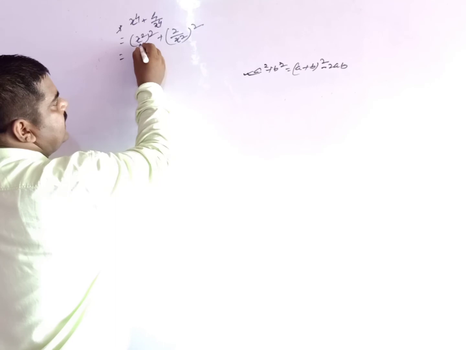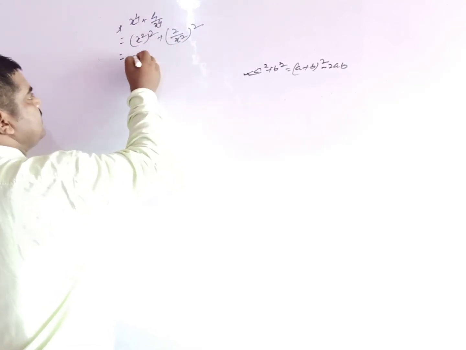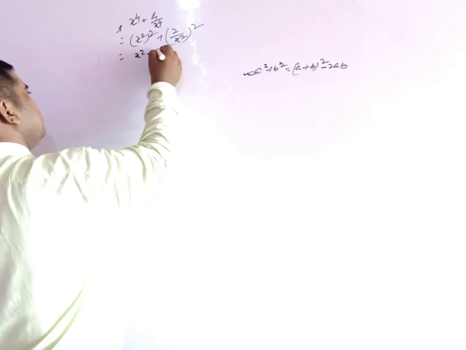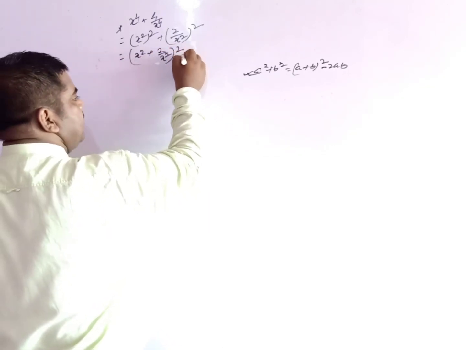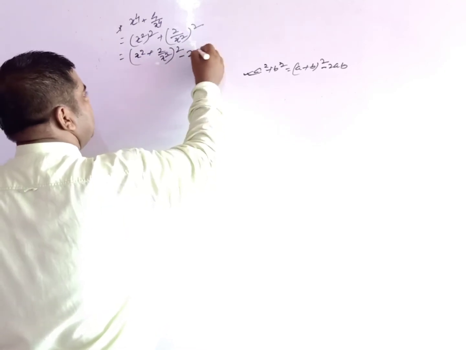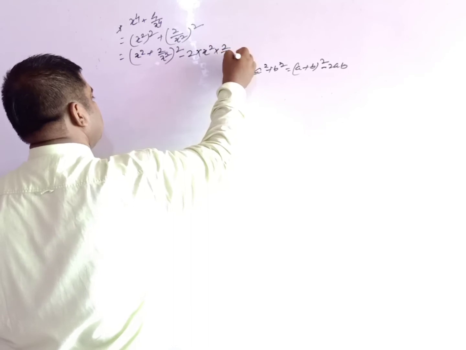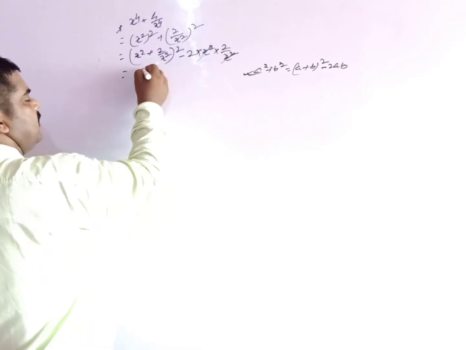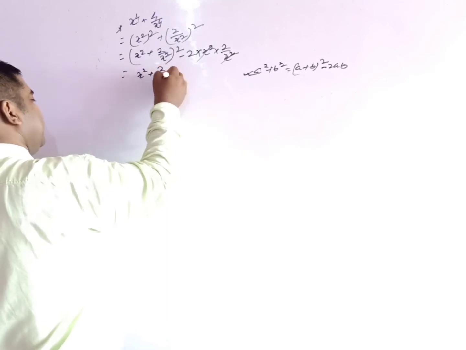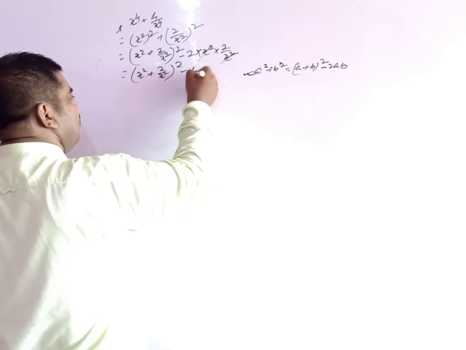This is considered as a and this is considered as b. So a square plus b square can be written as (x square plus 2 upon x square) whole square minus 2 into a, which is x square, into b, which is 2 upon x square. The x square cancels. So (x square plus 2 upon x square) whole square minus 4.